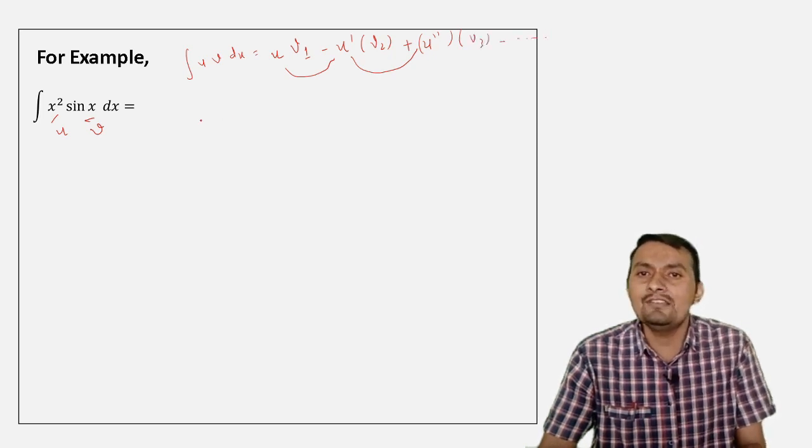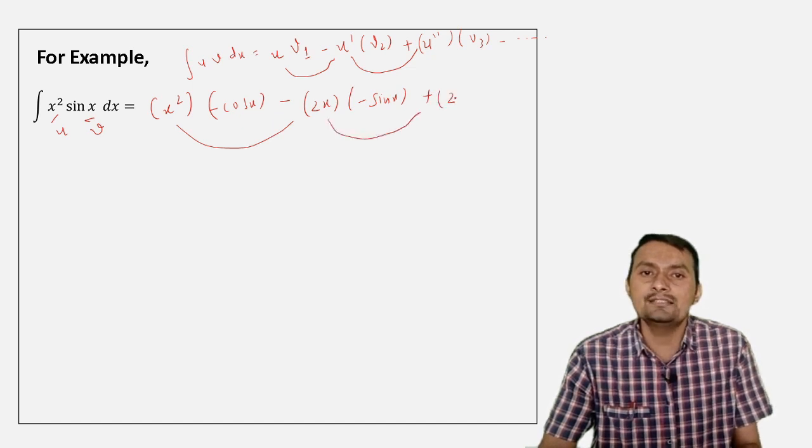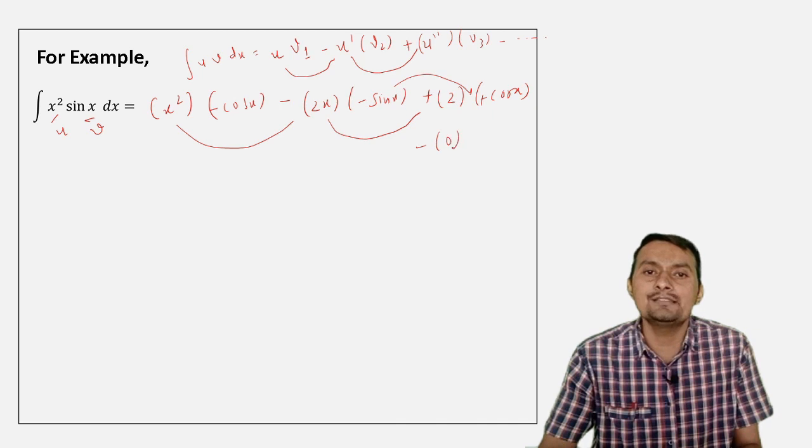The same formula we are going to use here. First u is there, that means x square. Integration of sin is minus cos x, minus derivative of x square, that is 2x, integration of minus cos x, that is minus sin x, plus derivative of 2x, that is only 2, integration of minus sin x, that is plus cos x, then the derivative of 2 is going to be 0. That means we have to stop here.